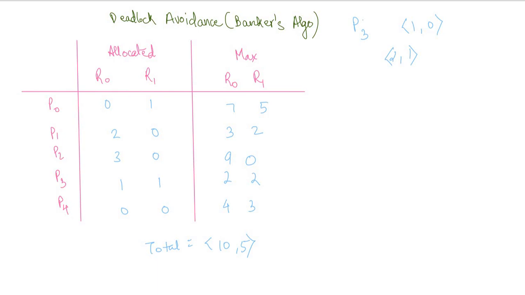Now let's check the total number of resources available. Total R0 allocated is 2 plus 3 plus 1, which is 6, and 10 is the total, so available would be 10 minus 6, which means 4. Then for R1, 2 allocated and total we had 5, so that would be 5 minus 2, which is 3.